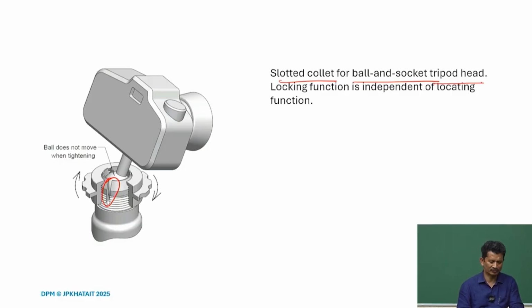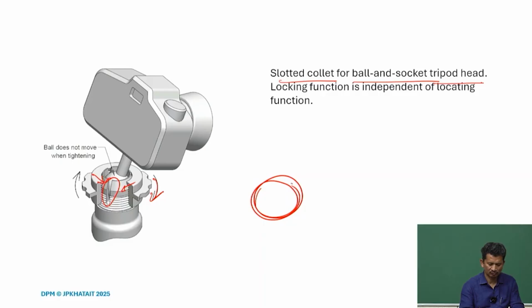What happens when we turn this nut is that it presses this collet, and the collet grips the ball.